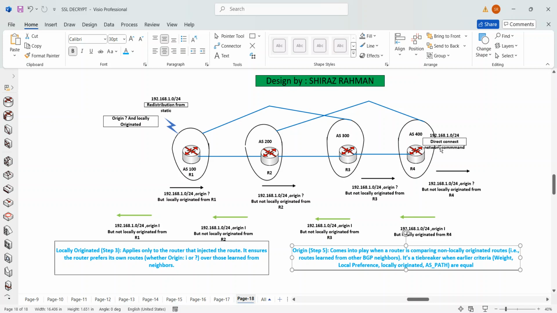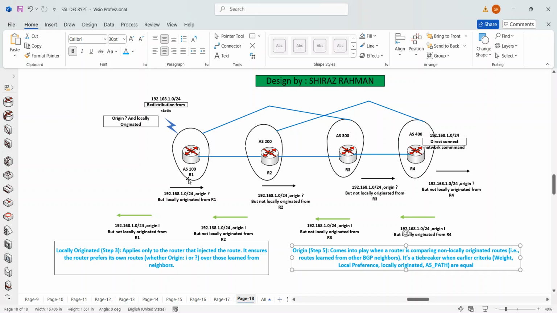What kind of route is this? Its origin is I. It's locally originated because it is done by the network command.